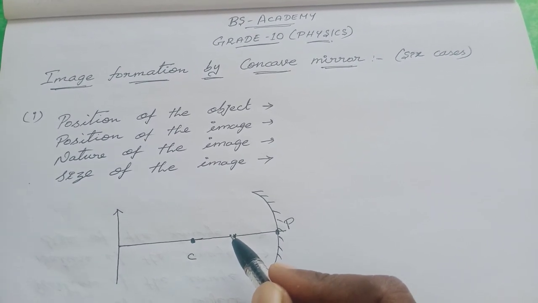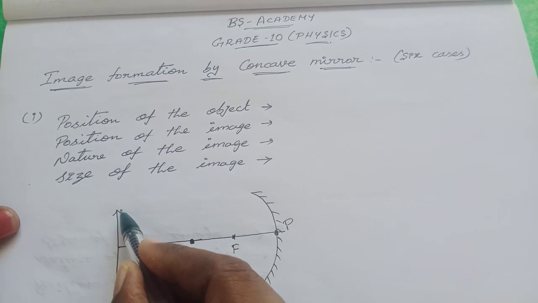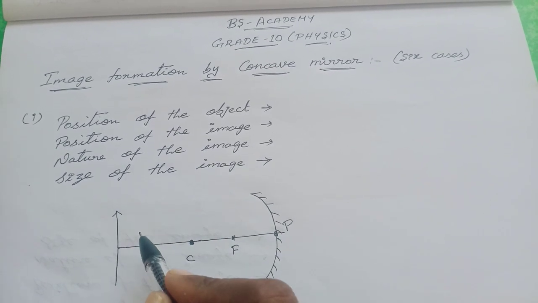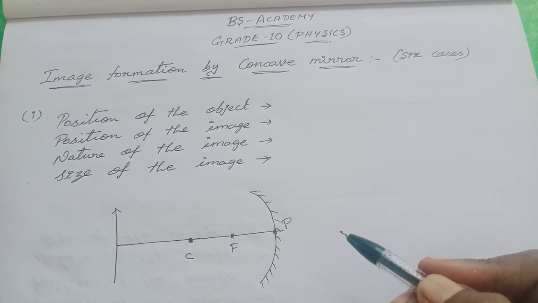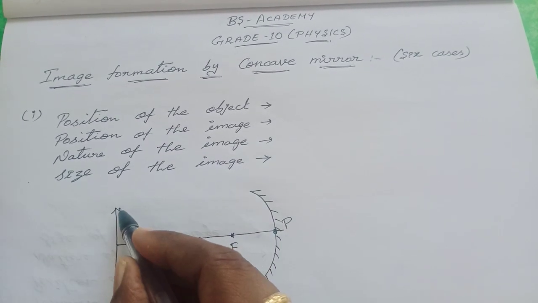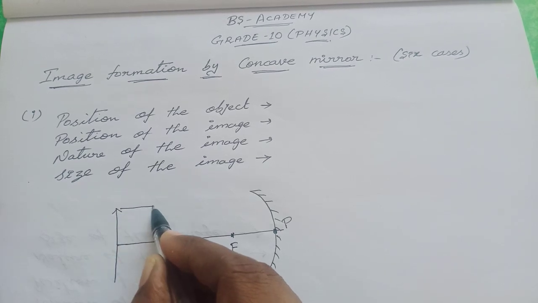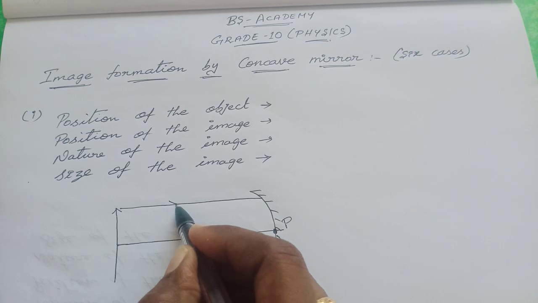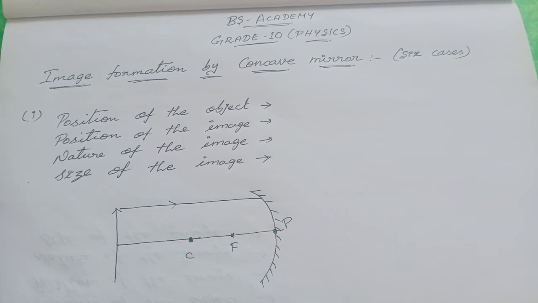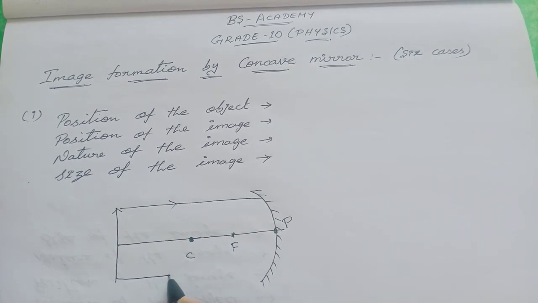So, one of the incident rays. For a clear understanding of the ray diagram, we are using only two incident rays. This is one of the incident rays and this is another incident ray.